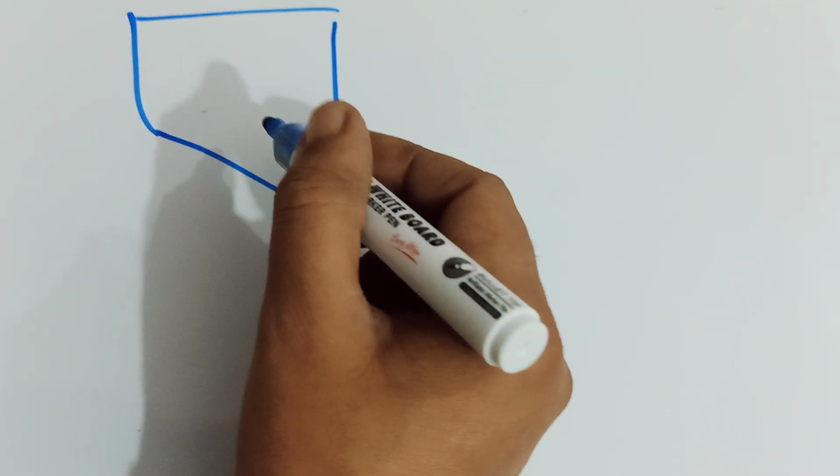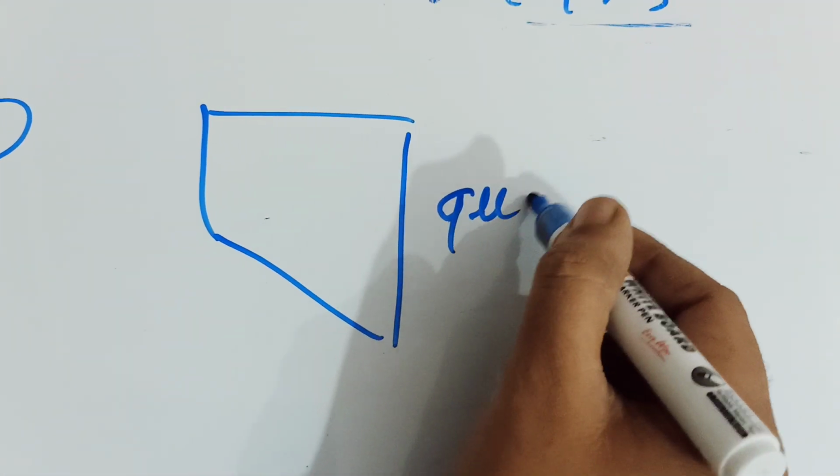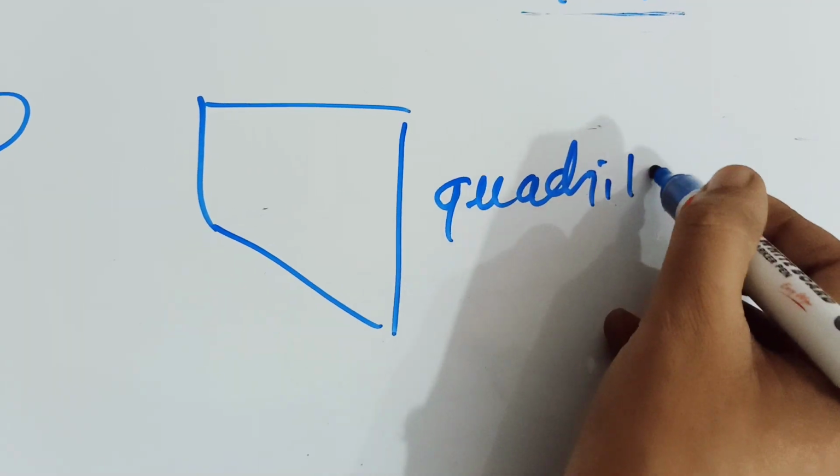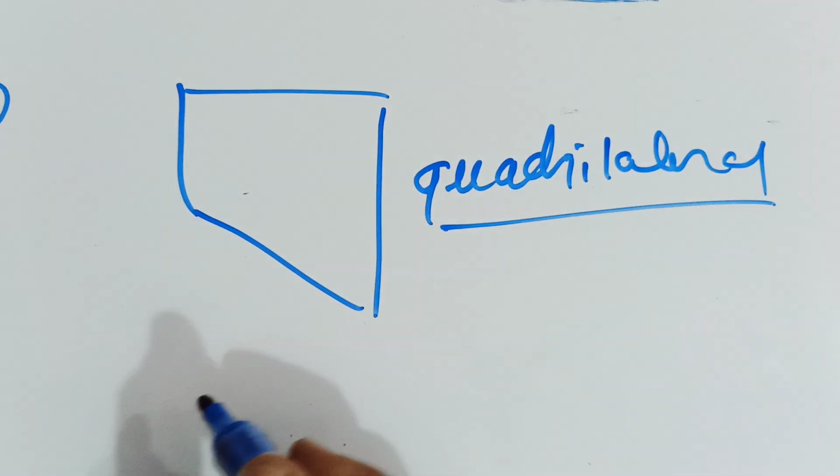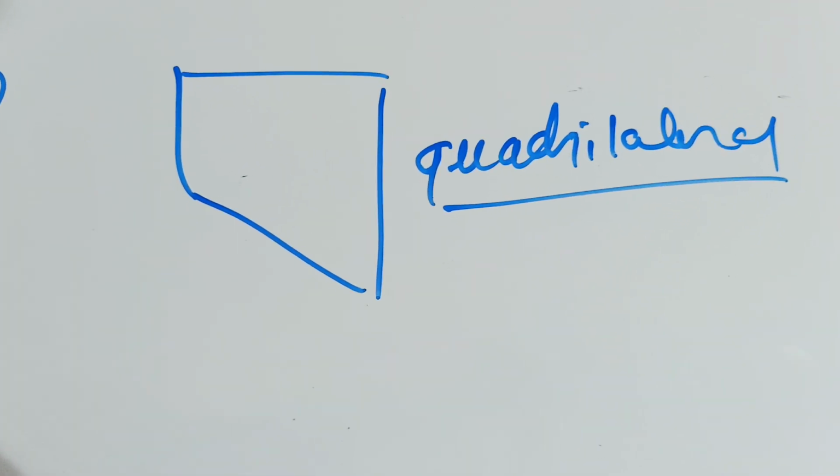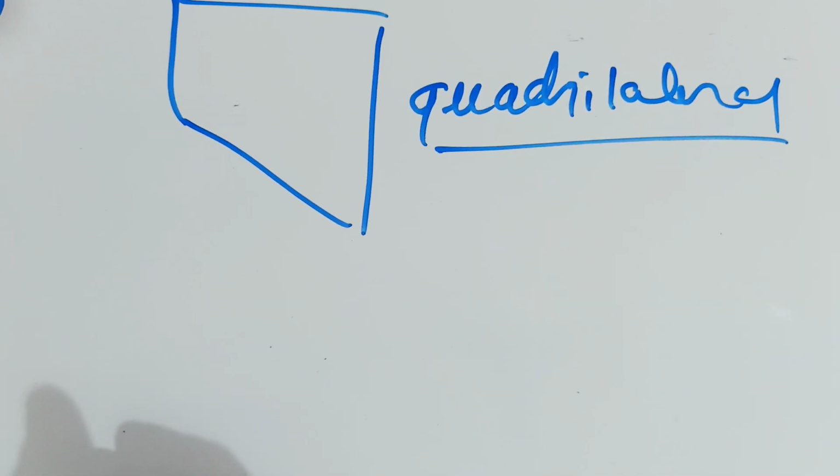So if all four side measurements are different, this is just a quadrilateral. Now there is a variety of quadrilaterals on the basis of sides and angles.